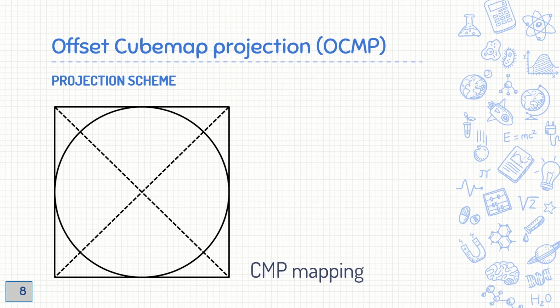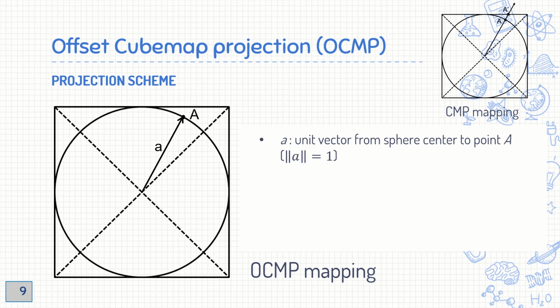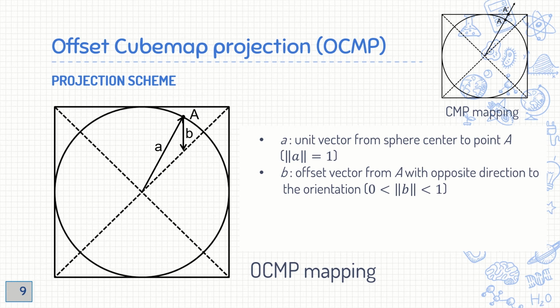Based on the QMap projection, offset QMap projection, or OCMP, is developed. In CMP mapping, we simply conduct rectilinear projection and the point A prime is the image of the point A on the cube. But in OCMP, with the same point A, we take a unit vector A from the sphere center to that point and an offset vector B from the point A with the opposite direction to the viewport.